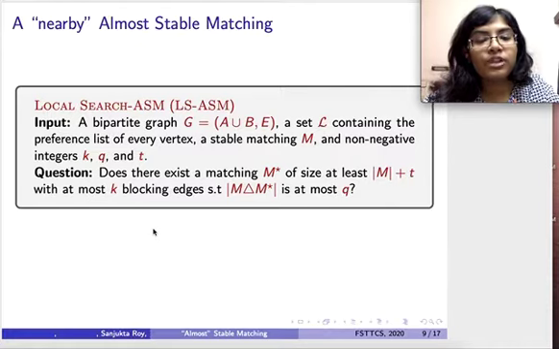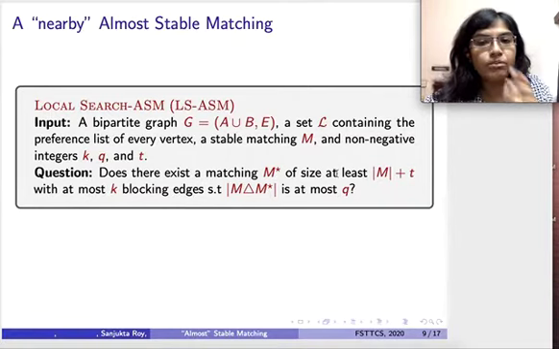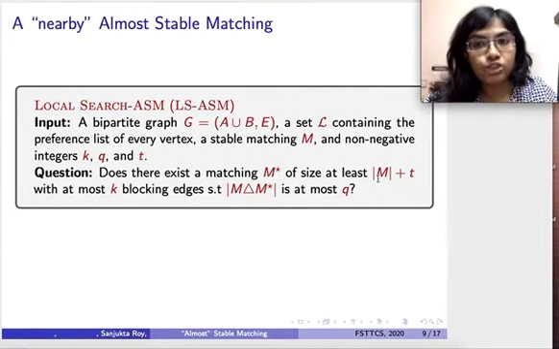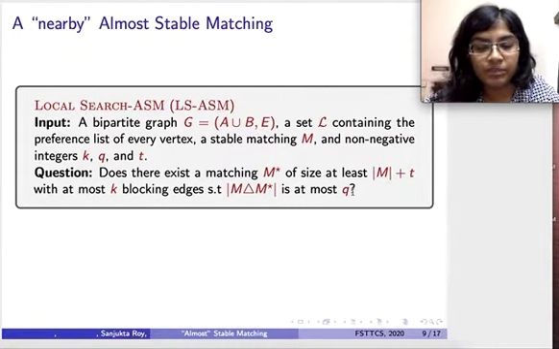If you think for a minute, the way I define the Hamming distance boils down to saying that it does not have a large symmetric difference with this matching M. So I want to find a matching M star whose size is T more than M and has at most K blocking edges, and its symmetric difference with M is at most Q. Okay, so we want to find such a matching M star.